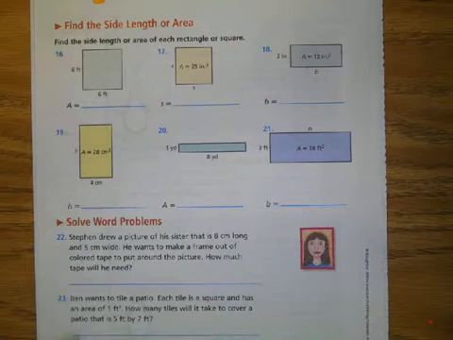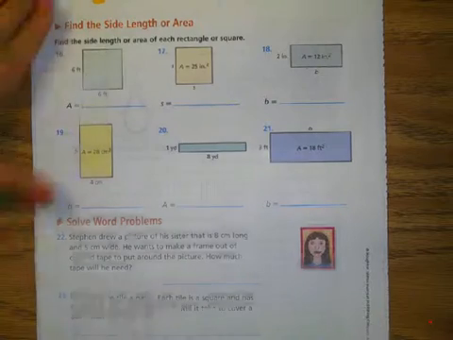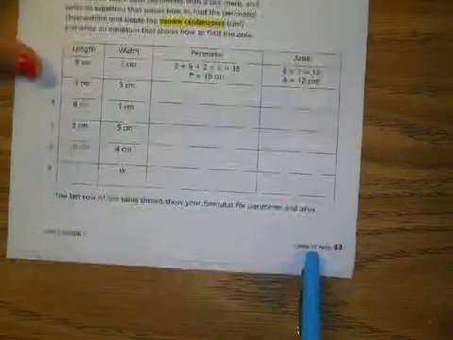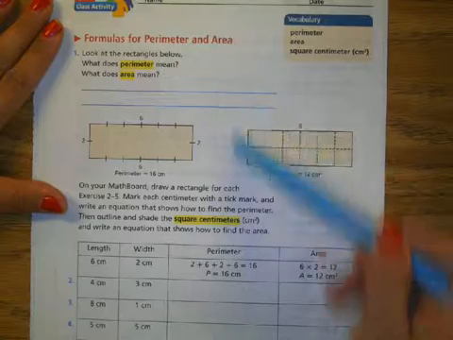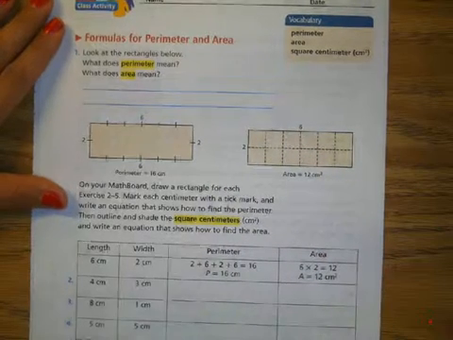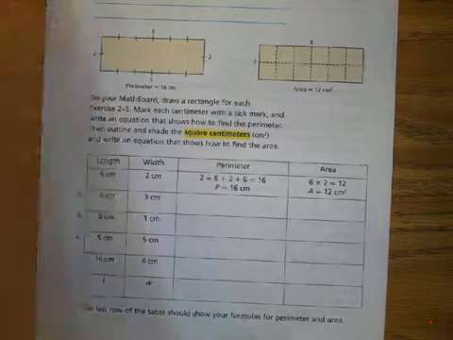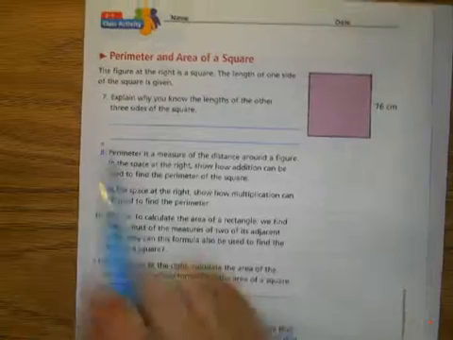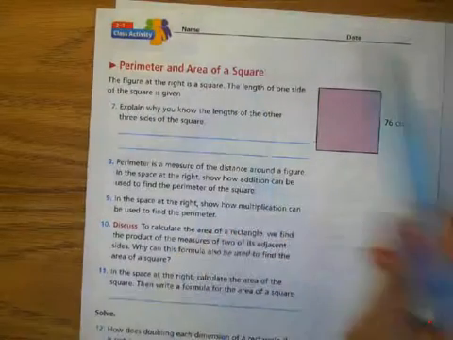So in a little bit, you start. Now the first page, this is just reviewing everything that I just told you. Okay? So that shouldn't be too hard. The second page is going to talk about perimeter and area of a square. And you're just going to follow these steps.